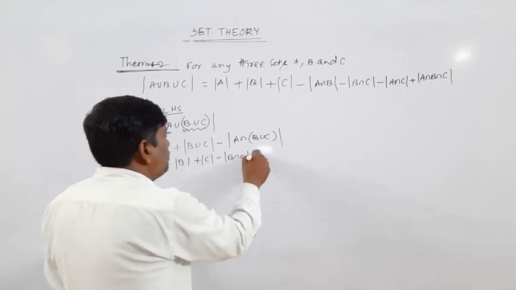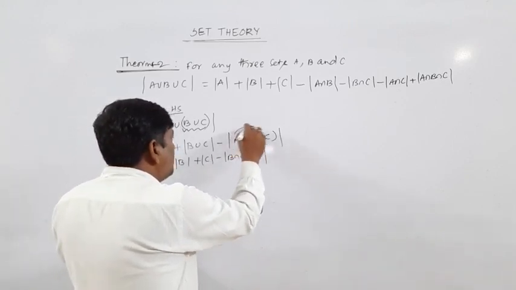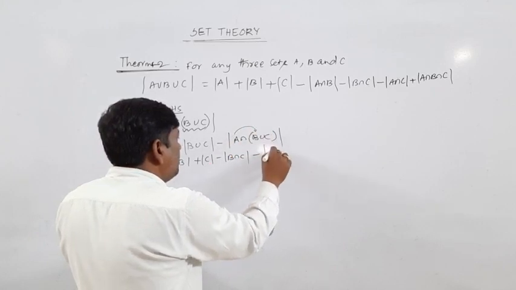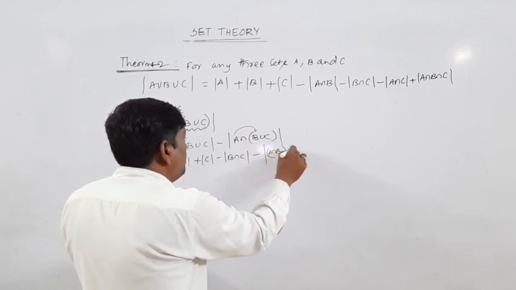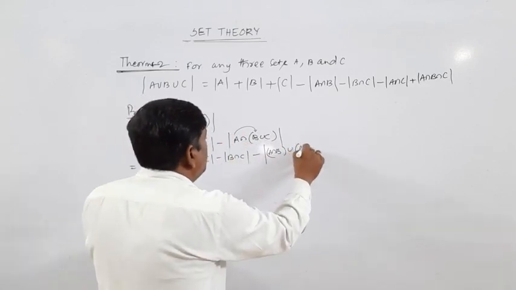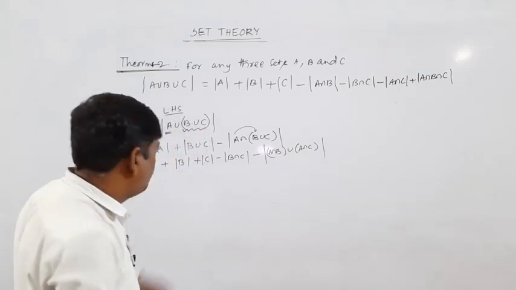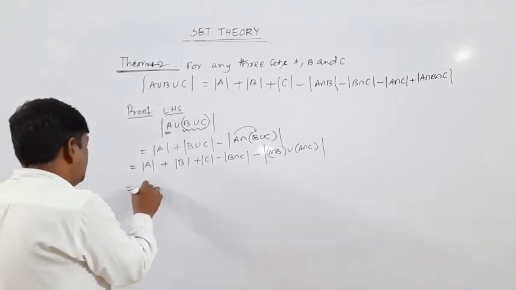Again by distributive law, this is A intersection B union A intersection C. Again expand this. So what happens here?